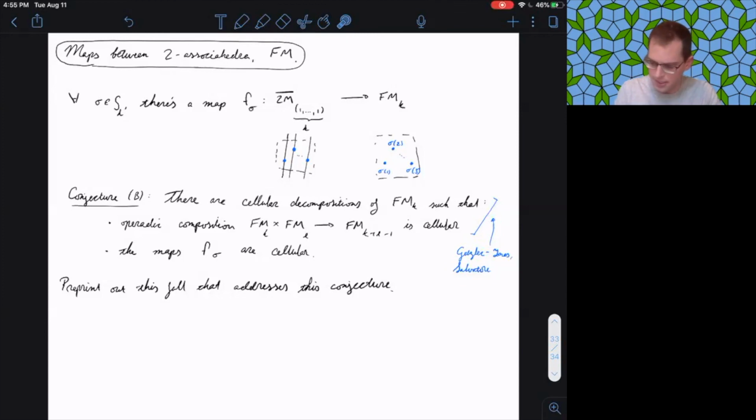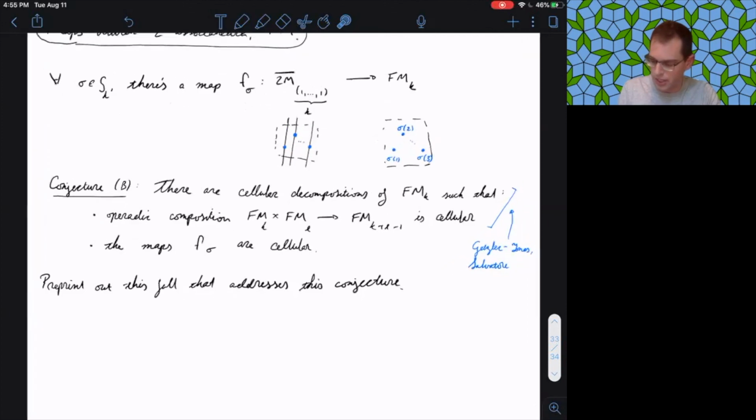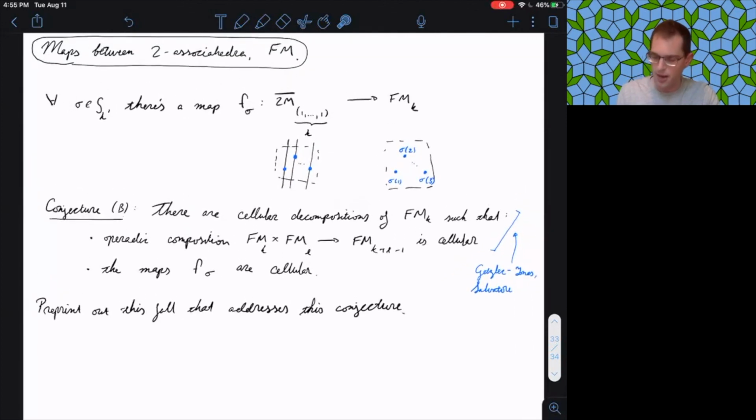And this is along the lines of some ideas that go back a ways. Specifically, originally in work of Getzler and Jones, there was this question put forward of how to decompose FM cellularly. And recently, last year, Paolo Salvatore wrote down such a decomposition using complex analysis, more or less.